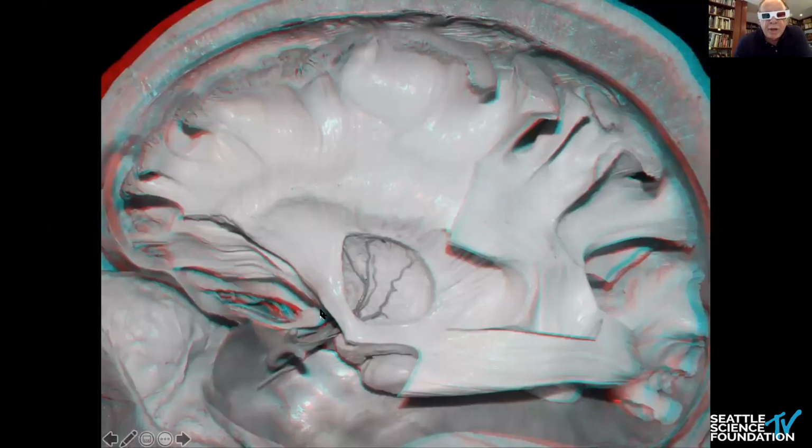Of course, through here, you have entering the lenticulostriate arteries, the perforators, that come inside this region.